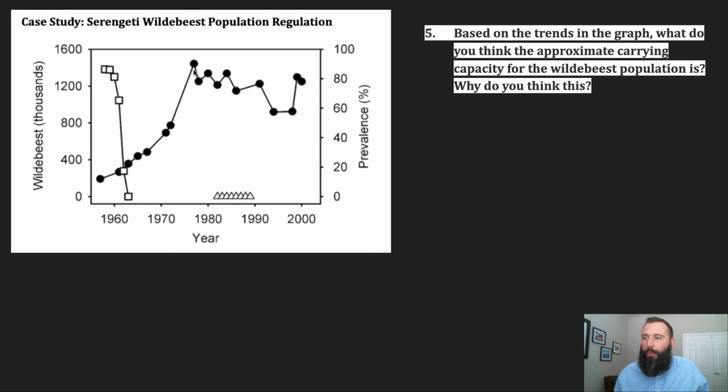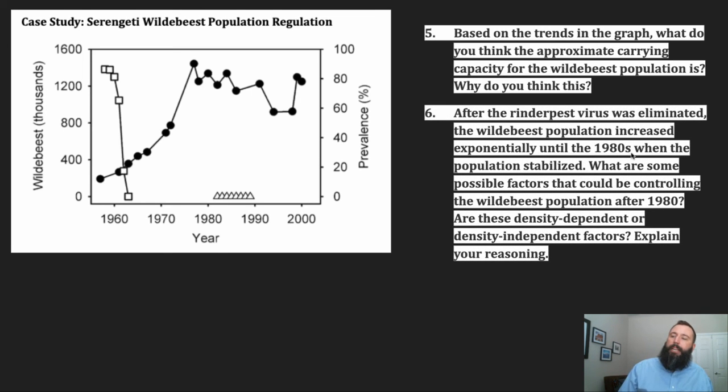Well, what is the carrying capacity? It's probably going to be the average between all of these lines here. So once that line starts to even out, what we would do is interpolate in between all this data and draw a line all the way across. We'd say that the approximate carrying capacity of this area is probably 1,200 thousands of wildebeest, or 1.2 million wildebeest.